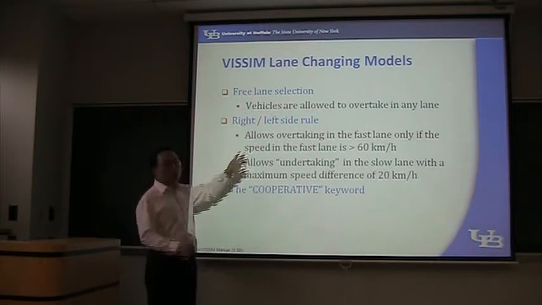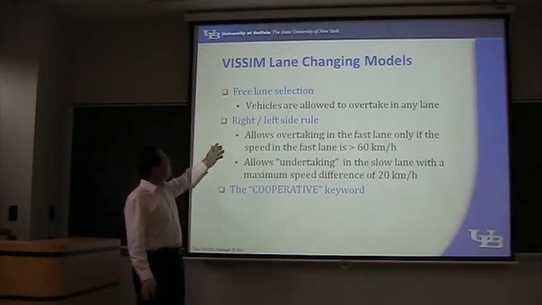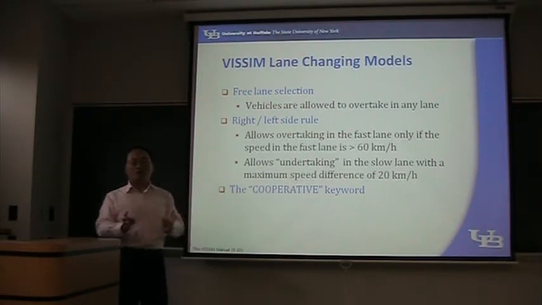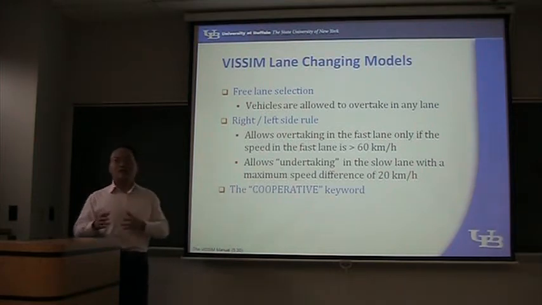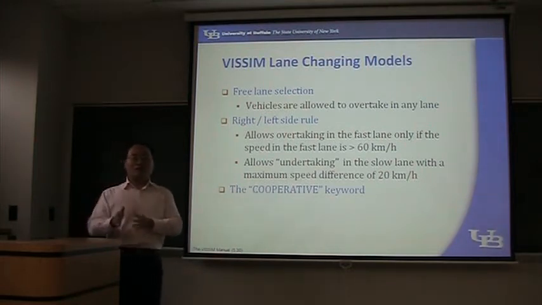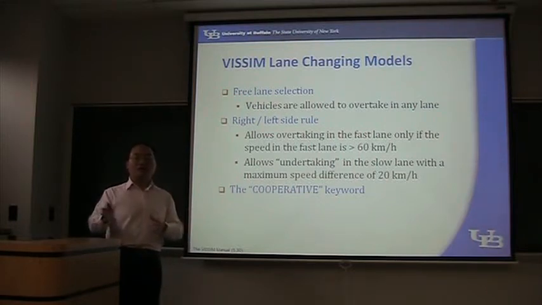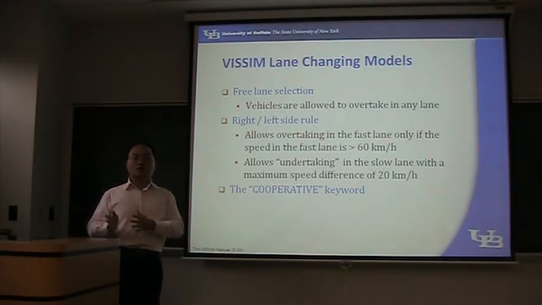If you are driving on the right side, it's right side rule. Using the right side rule, the left side and the right side are distinguished. What does this mean? The original idea is the vehicle on the right lane will switch to the fast lane to overtake. And it will switch back when it realizes that it's traveling too fast.